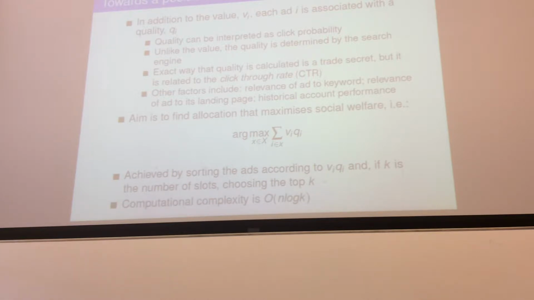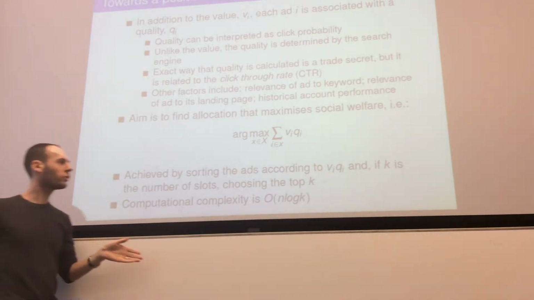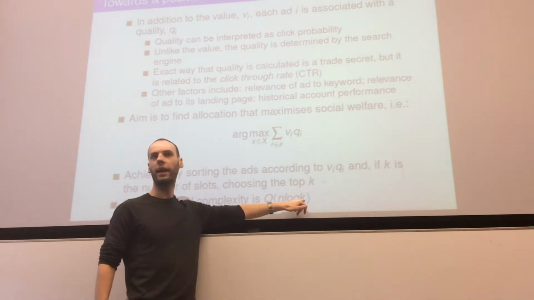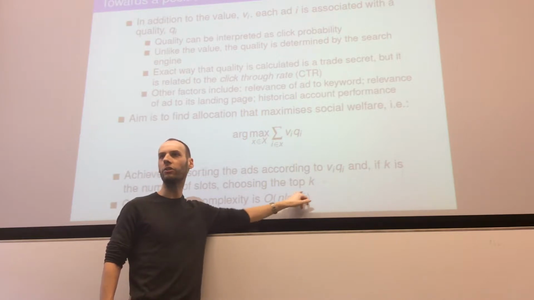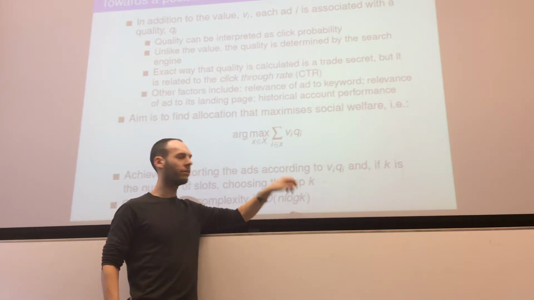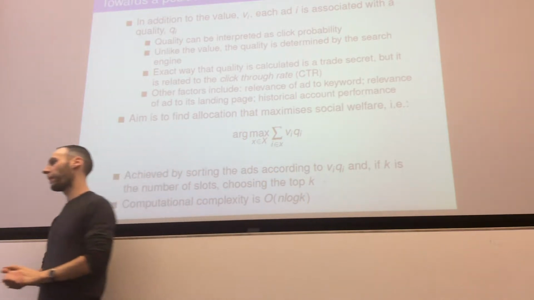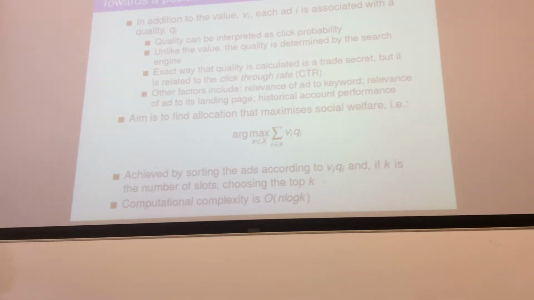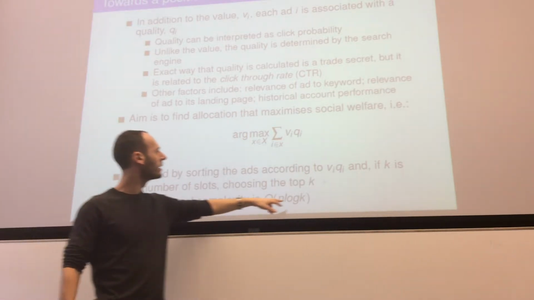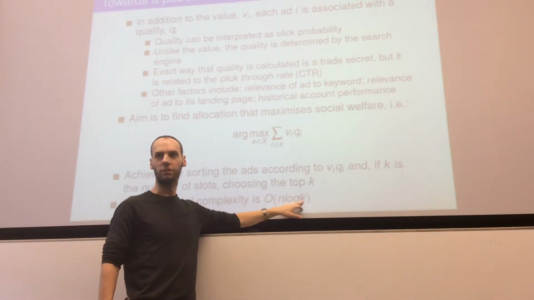And the only operation that we really need to do is sort. Okay? And we know that we can do sort in n log k time, just using an efficient sorting algorithm, where n is the number of ads and k is the number of available slots.